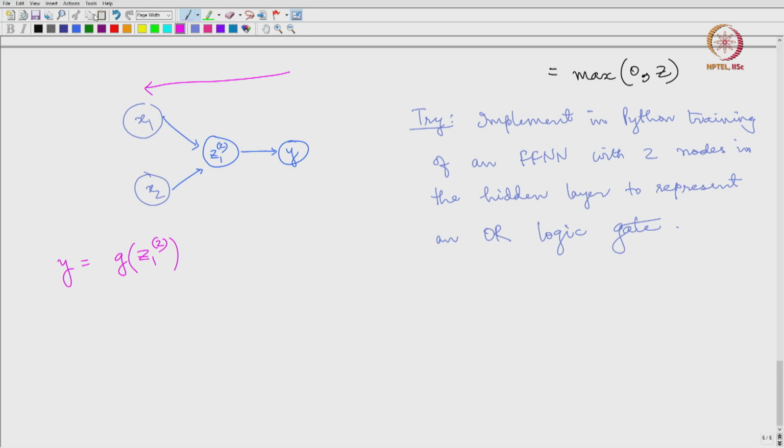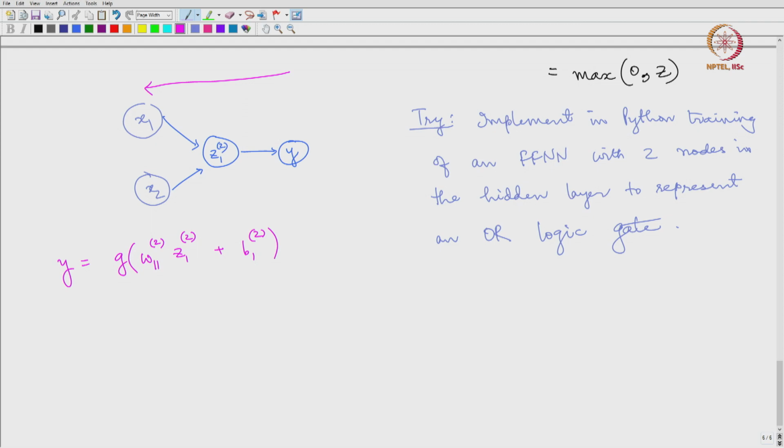So let me erase that: y is the activated form of w112 times z12 plus the bias term.